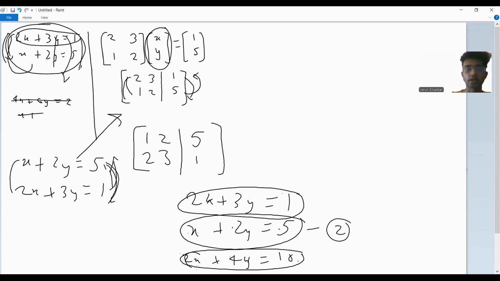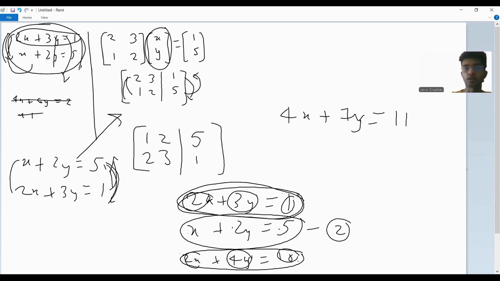2x plus 2x gives you 4x. 4y plus 3y gives you 7y. And 10 plus 1 gives you 11. So instead of the first equation, if you use 4x plus 7y equals 11, and retain the bottom one, x plus 2y equals 5, you now have a new set of equations.